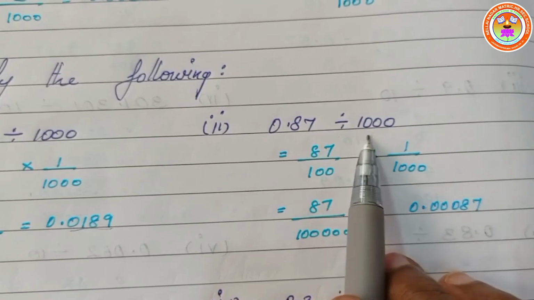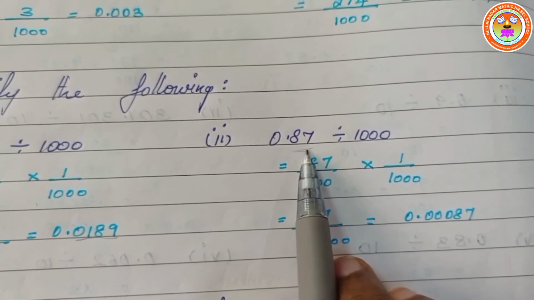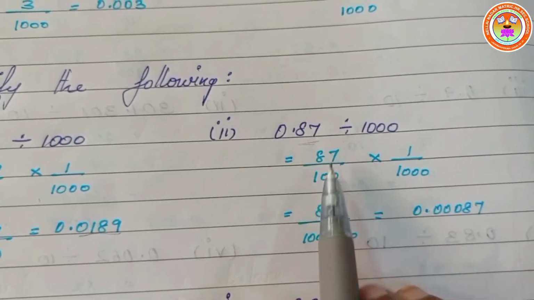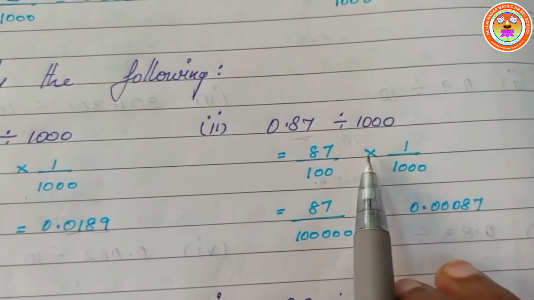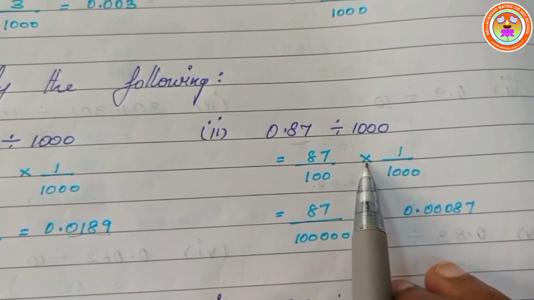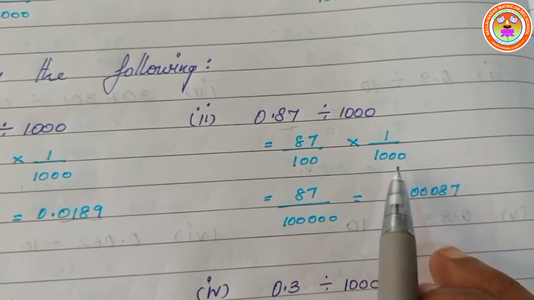0.87 divided by 1000. So since here there are 2 places of decimal value, you are going to divide this number by 100. So 87 by 100 into, okay, converting this division into multiplication and taking the reciprocal for 1000, you get 1 by 1000 here.